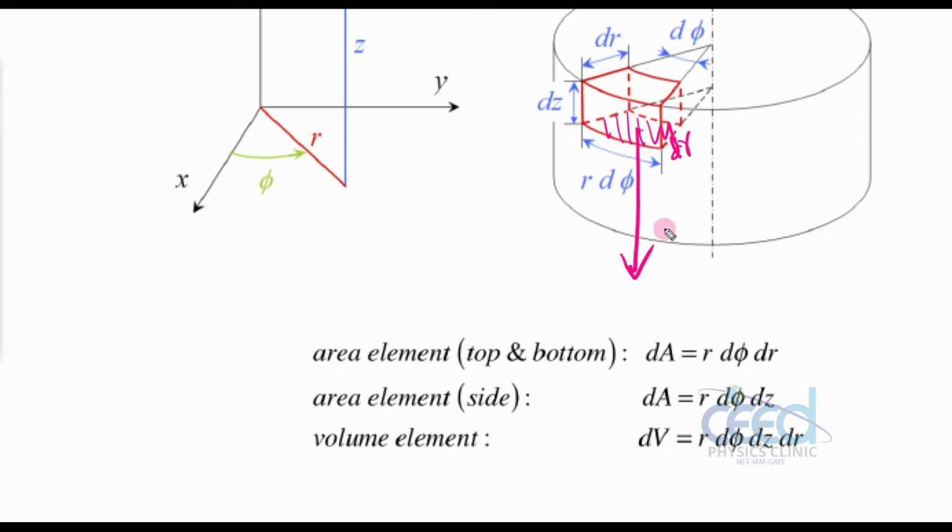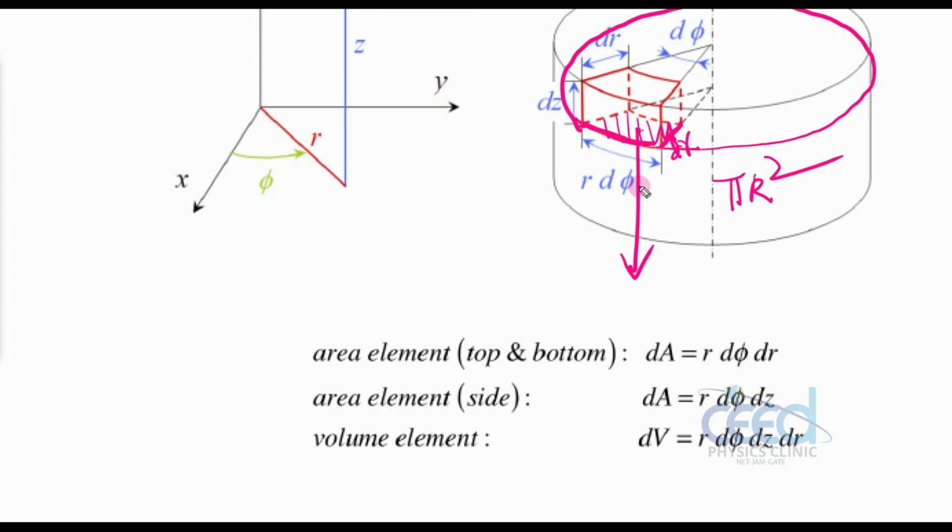Also you may check this: when you integrate this particular area, if you take a cross section like this and expand this area, what do you get? You will get a circle area. You expect to get pi r square, you may check that. So this breadth is dr and this length is r d phi.